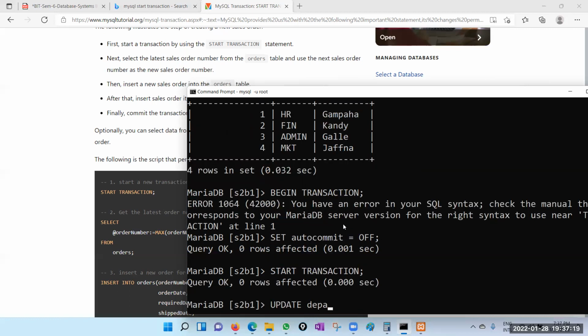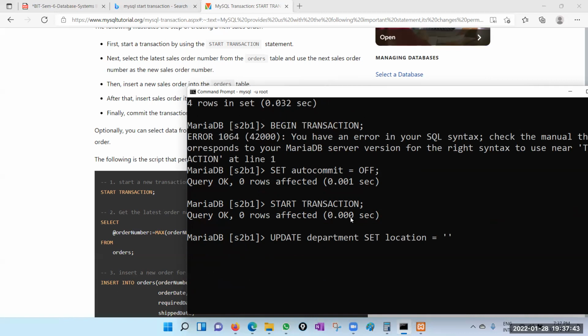Update department set name equal, okay, set location equal, let's say Vavuniya.